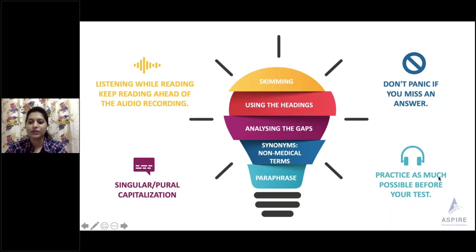Before I explain this four, let me just tell you the most important point is that the answer is always given by the patient. Say in a consultation extract or a two-person question and answer extract kind of situation, you will always get the answer from either the patient or the second person who is giving the information basically. So that is where you concentrate more, or focus for the answers. And you can always use the healthcare professional's words as a guide.